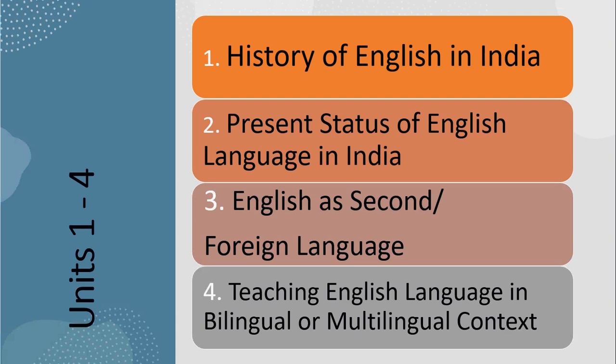We also talked about how universities were established, how the British planned to have the regional or the vernacular language in the primary stage, how they thought of introducing English gradually from the high school, and university education was meant to be exclusively in English. We also looked at the different commissions, the different national policies, and we concentrated on the NEP 2020.